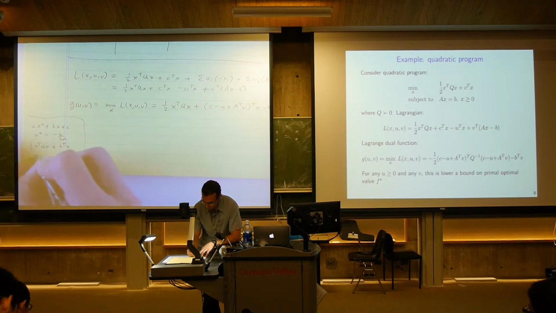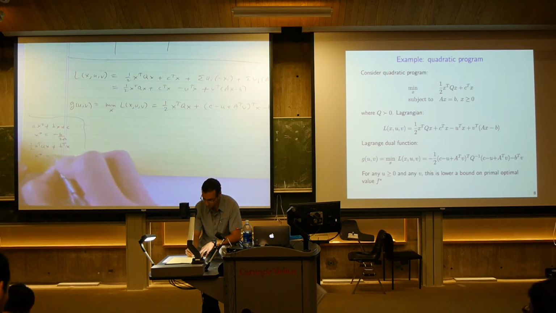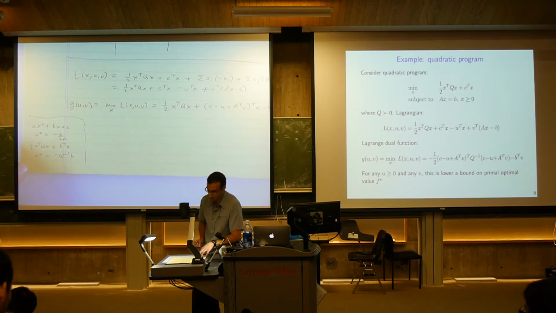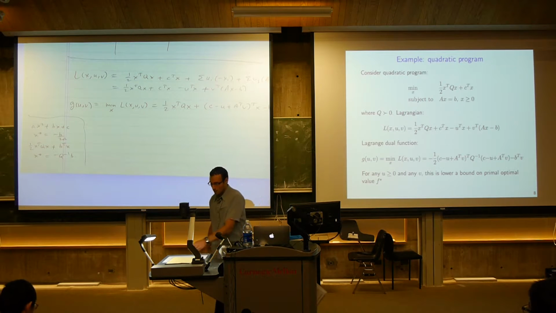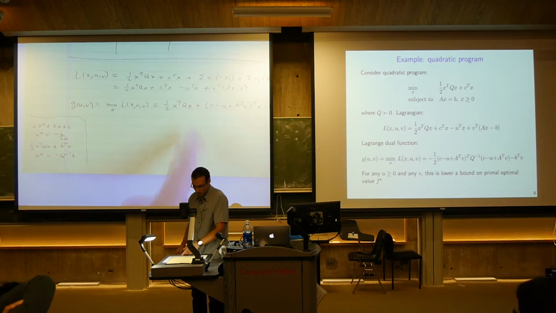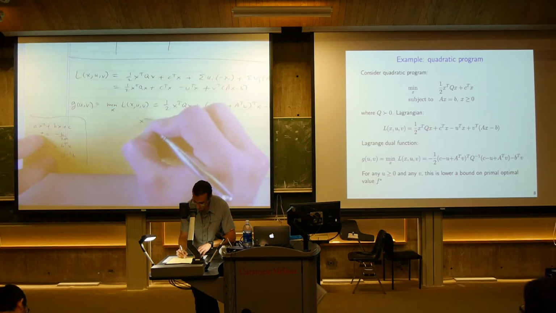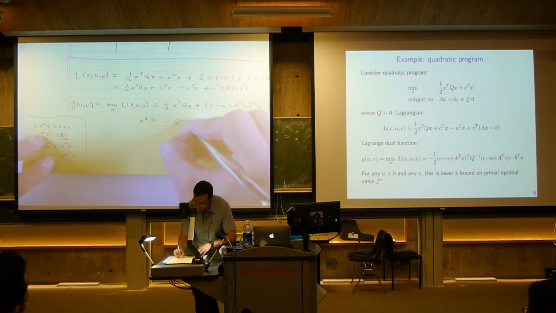I have to divide by 2a, but a here is actually a matrix, so the minimizer is just minus Q inverse b. So let's apply that here. This whole linear coefficient is what I called b here, so the minimizer of the Lagrangian is minus Q inverse times (c minus u plus A transpose v).